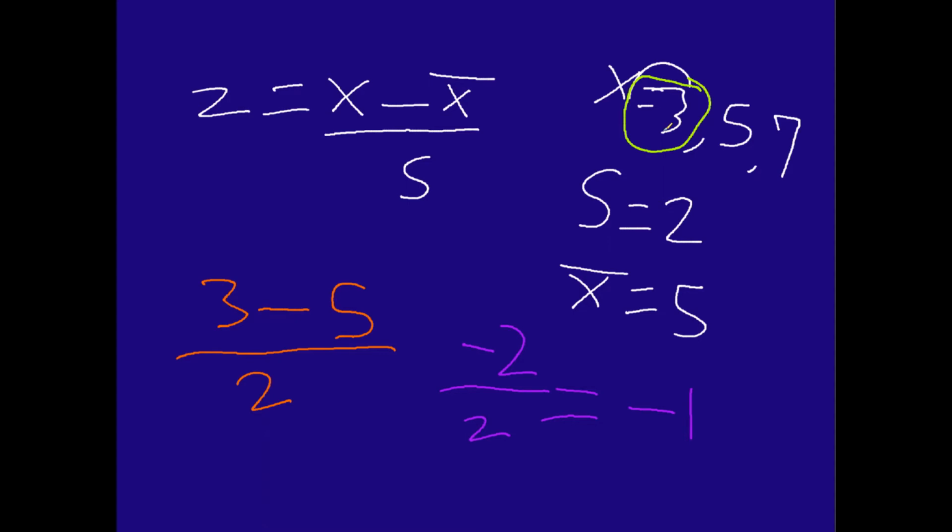So let me make this clear. We know that the number 3 is 2 units below 5, and our standard deviation is 2. This is why our z-score is negative 1, because 3 is below 5 by 2 points, and 2 points is our standard deviation, so it is 1 standard deviation. And that's why we got the negative 1.